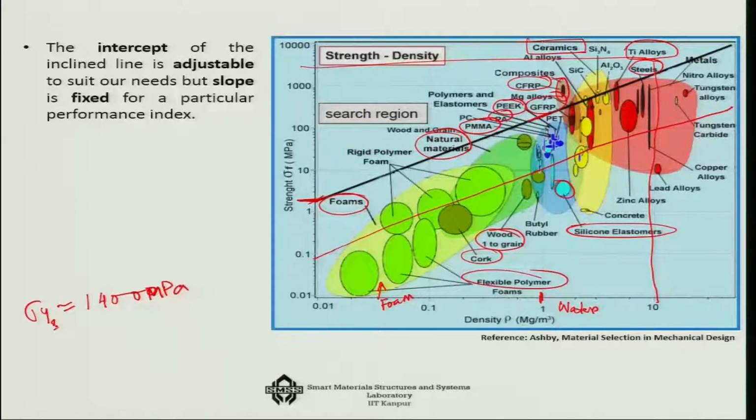On the other hand, the density is approximately 7.8 megagram per meter cube.